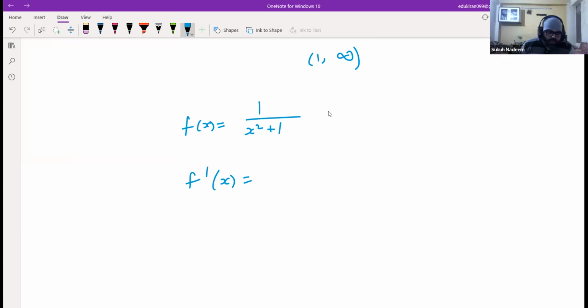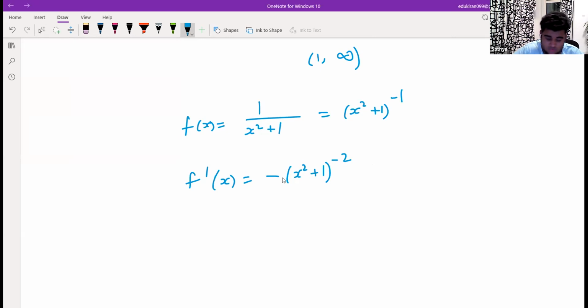This is actually x squared plus 1 to the power minus 1. So when you differentiate it, n x to the power n minus 1, it will work like this. Is it not the quotient rule? Quotient rule also you can apply.